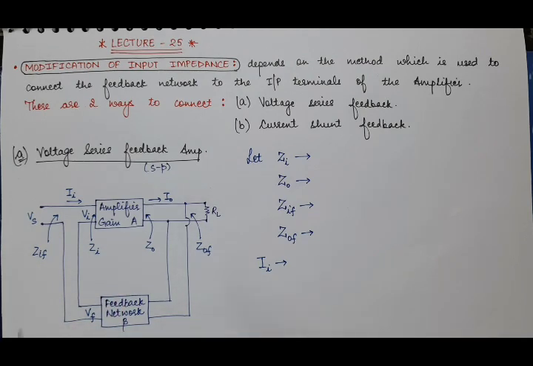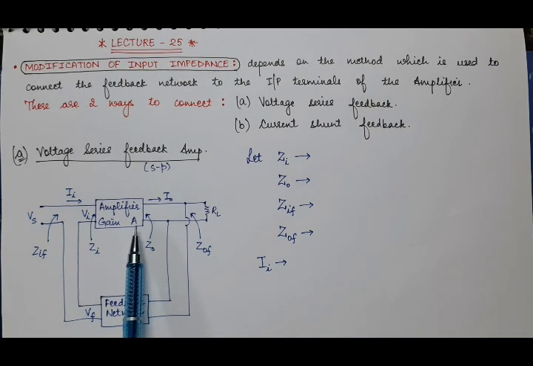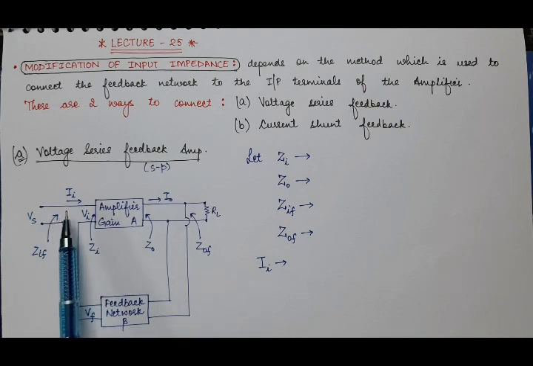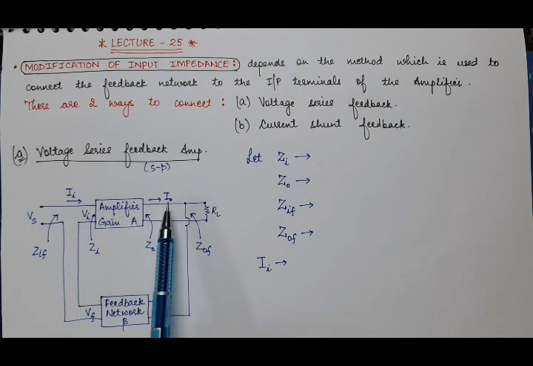Here Vs is the input signal voltage without feedback, Vi is the input signal voltage with feedback, A is the gain of the amplifier without feedback, Ii is the input current, Io is the output current, and Vf is the feedback voltage. We know that the feedback voltage is equal to beta Vo, where beta is the fraction of the output voltage that is fed to the input of the amplifier.